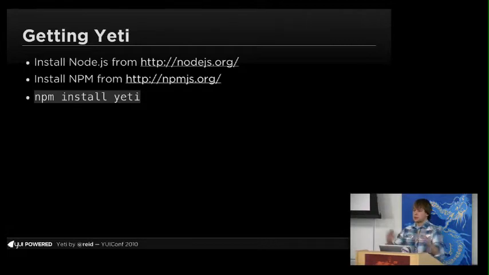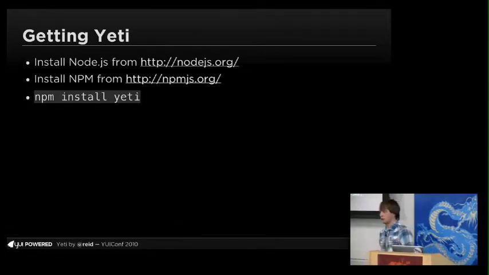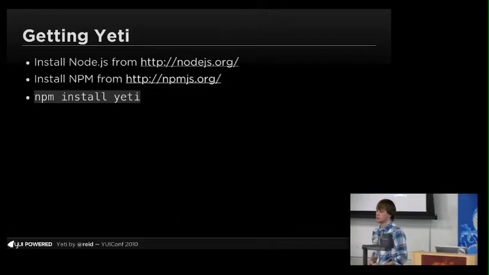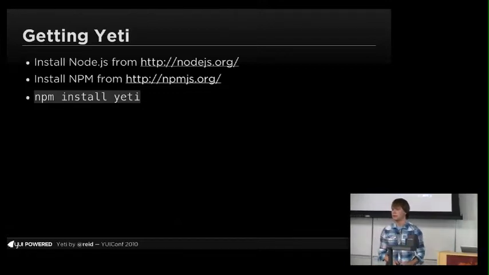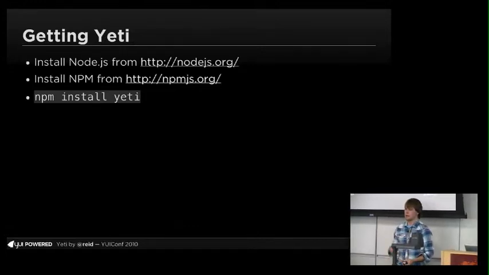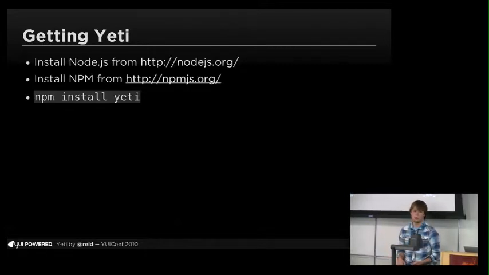I promised that you'd all be able to run Yeti, and this is how you do it. If you don't have Node installed already, you just need to go to node.js.org and install it. I would recommend installing their stable 0.2 branch. They have that as a tarball that works on Linux, Windows under Cygwin, and macOS 10.5 and later, if you have an Intel processor; I haven't tested it on PowerPC.